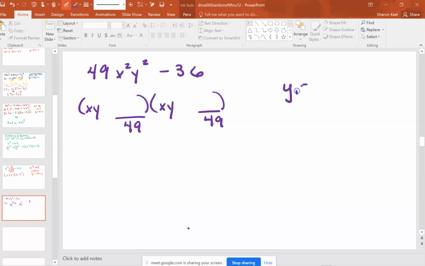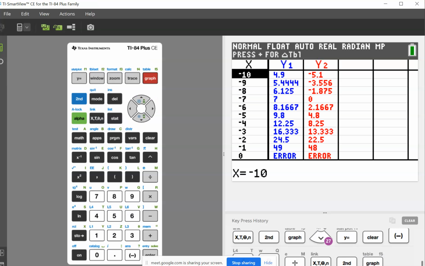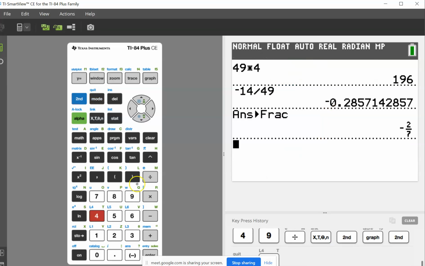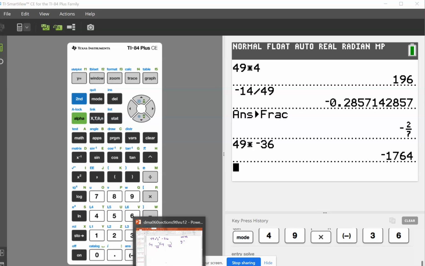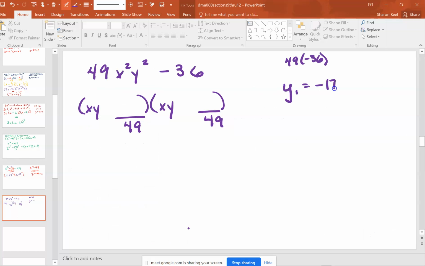So on y1, I'm going to do 49 times negative 36. That gives me negative 1764 divided by x.